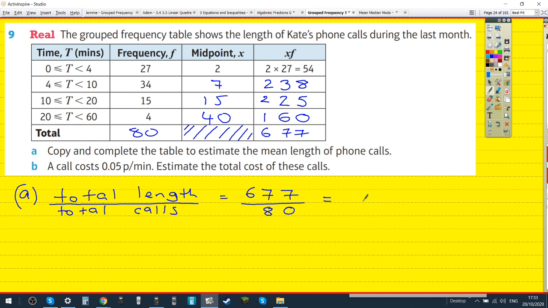And that is 8.463. Yep. And that's close to like 8.5 minutes, basically. 8.5 minutes. That'd be somewhere like there. Is that an okay estimate by the looks of it?